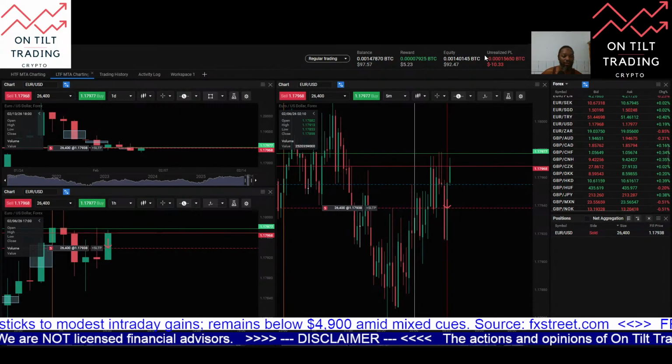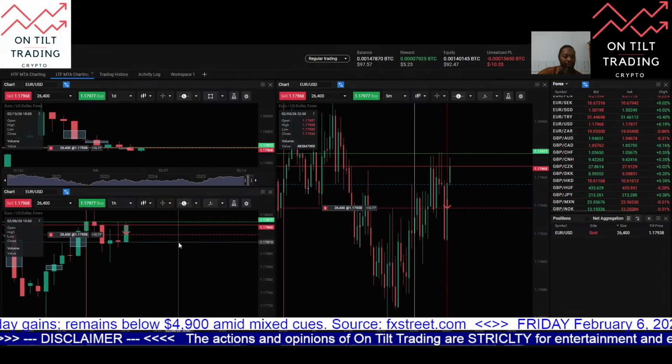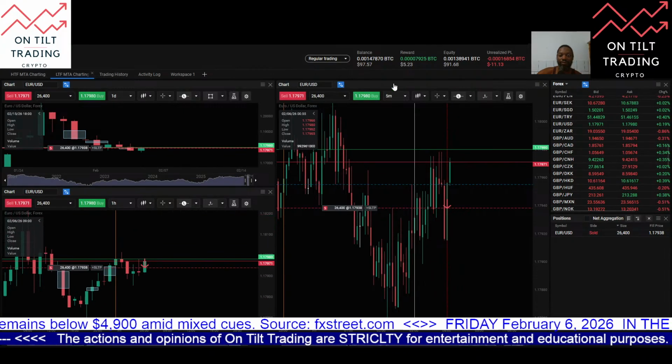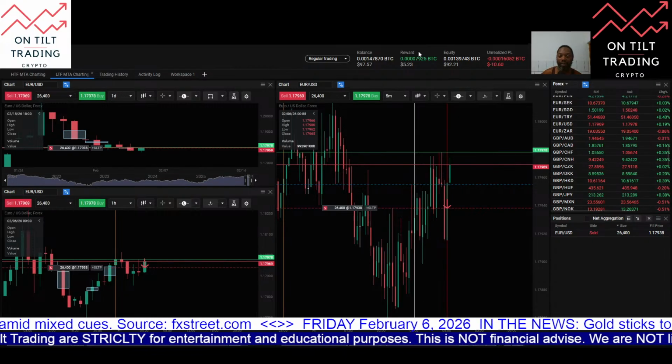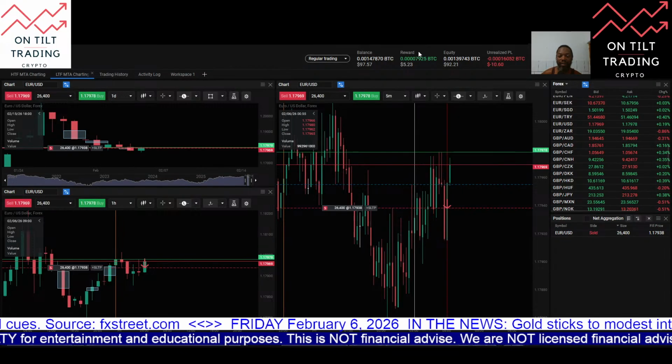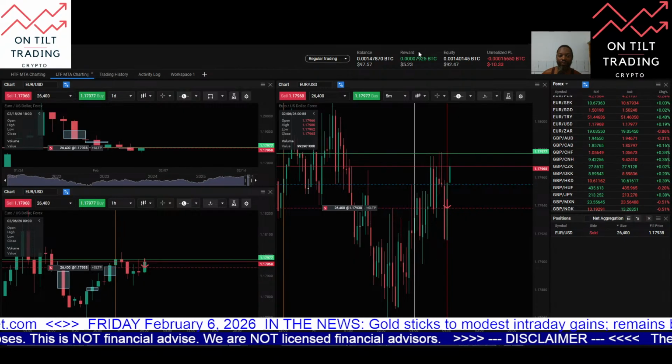Just the overall structure on the 1 hour chart is the only thing that has given me hesitation on this position, which could be the reason why it's pulled back so far and or about to stop me out. But we'll see here. But rather aggressive pullback.